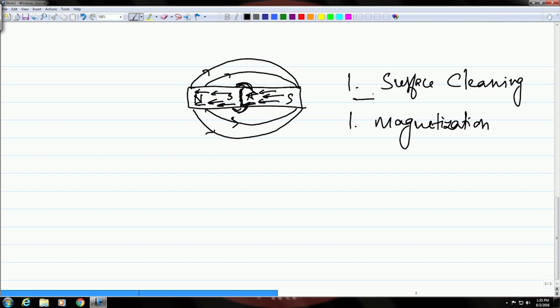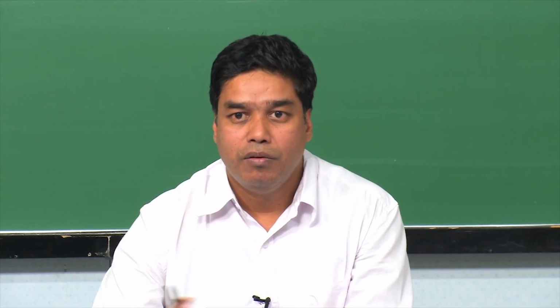In this case what you do, you apply magnetic particles on the magnetized surface. So, these magnetic particles should have enough mobility on the surface, they should be able to freely move on the surface, and for that the surface should be clean. Okay.